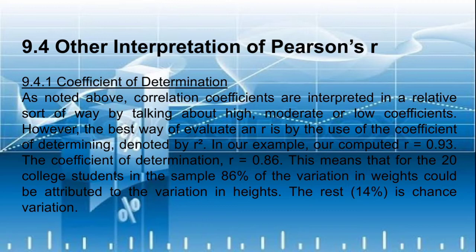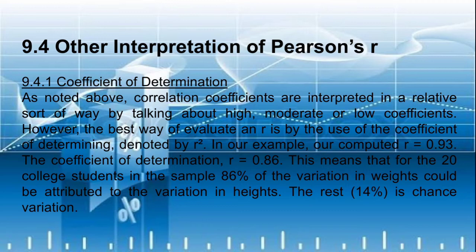As noted above, correlation coefficients are interpreted in a relative way by thinking about high, moderate, or low coefficients. However, the best way of evaluating an R is by the use of the coefficient of determination, denoted by R squared.